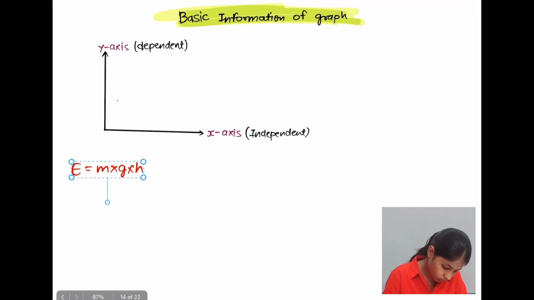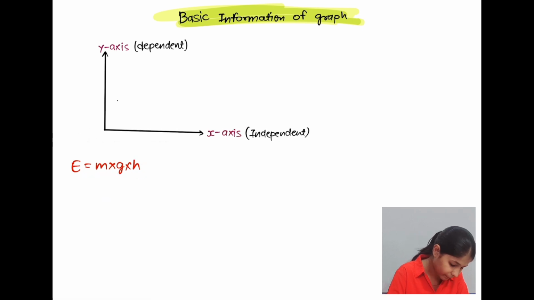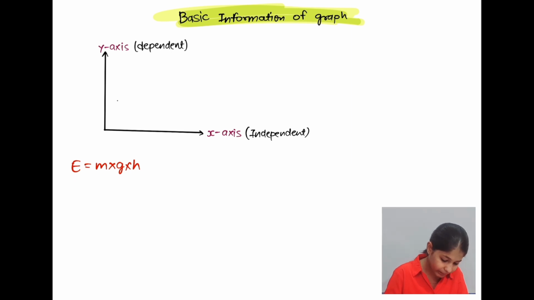Okay. If you will see every physical quantity present in this formula, because E is the magnitude, if you will multiply m with g and h, you will get E. So can I say that this energy which we will get will be dependent?